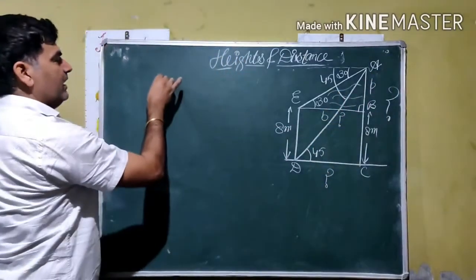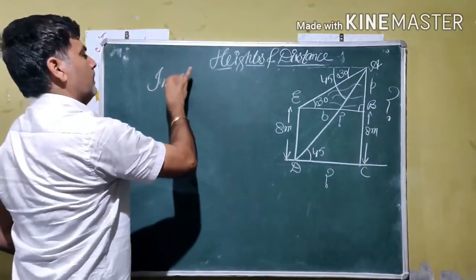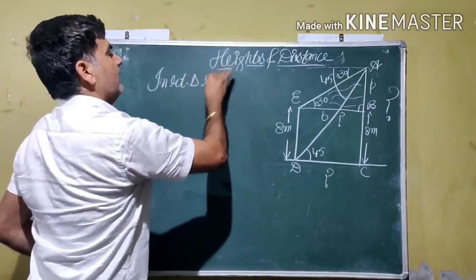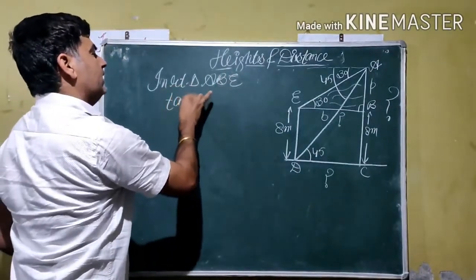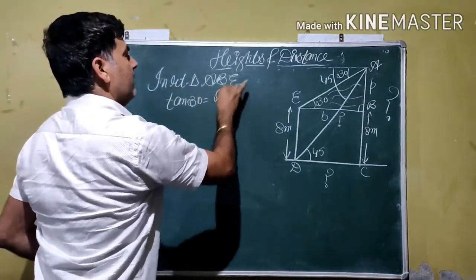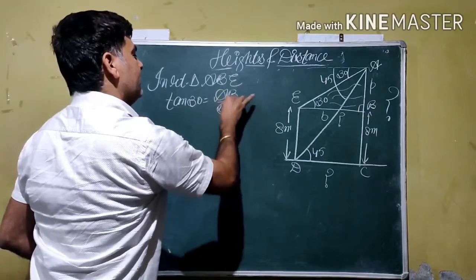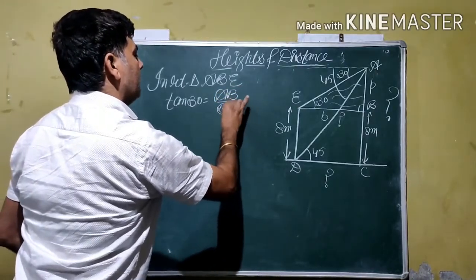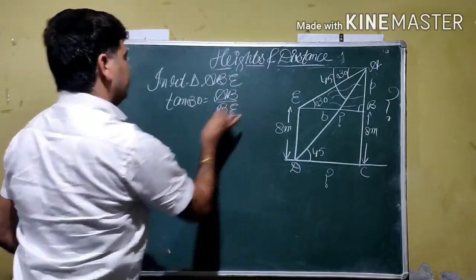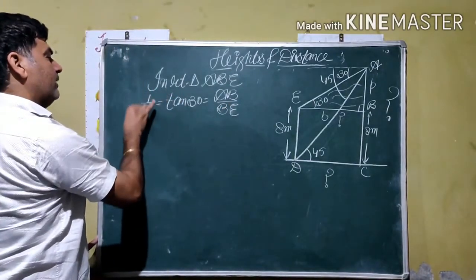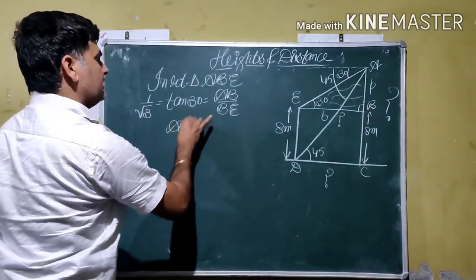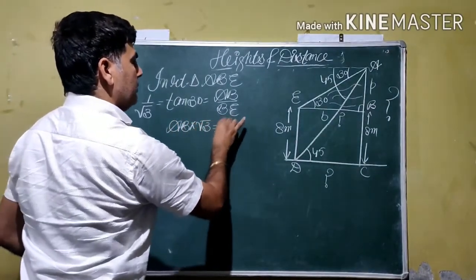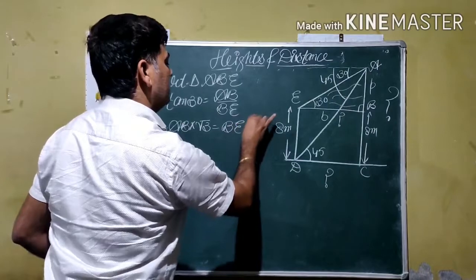So in right triangle ABE, tangent of theta is given by AB by BE. Tangent theta is 1 by square root 3 from the table. So by cross multiplying, AB multiplied by square root 3 is equal to BE, first result.